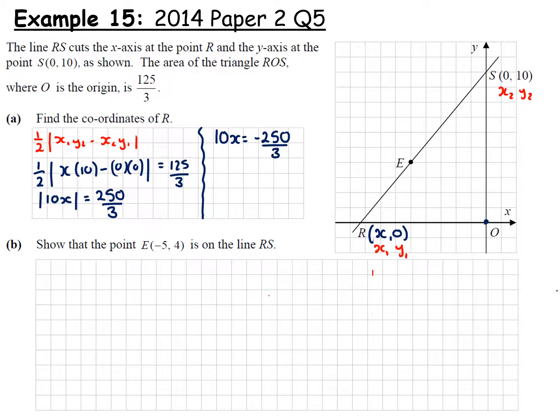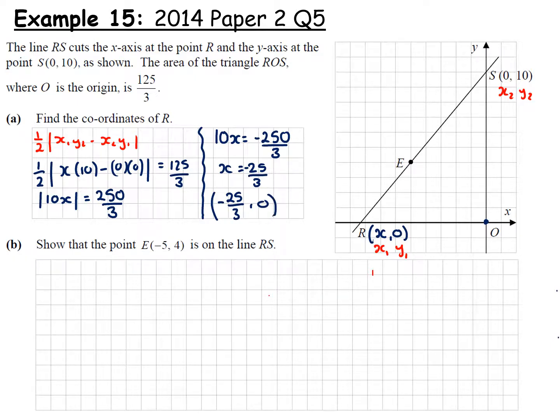So if this is my 0, 0 point, to the left of it, x will have to be negative. So I've made it positive. So then x is equal to 25 over 3, and that's a negative. So the coordinates of R is negative 25 over 3, 0.